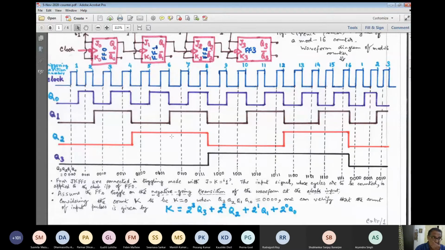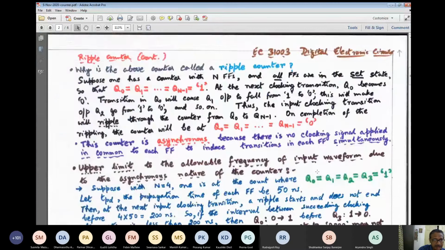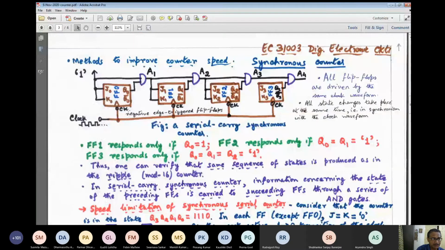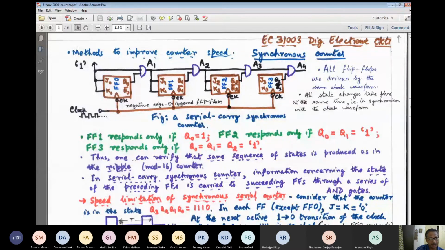Similarly, Q2 will change state only when Q1 and Q0 are both 1. And FF3 will change whenever all 3 preceding flip-flops are at logic 1. So the same thing will repeat here. The state sequence produced by this counter, although it is a synchronous counter, will be the same as the previous case, as in the modulo 16 ripple or asynchronous counter. Clear?